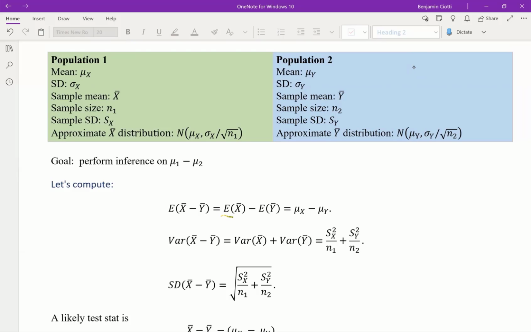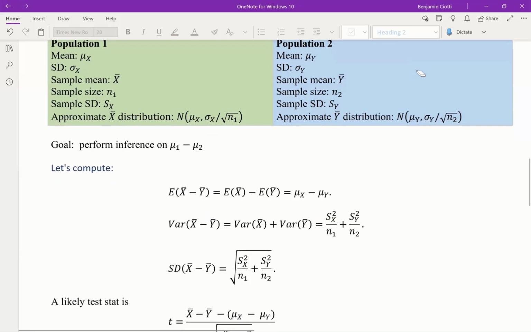Well, that'll be the difference of the two expectation values, but we've shown previously that the expected value of the sample mean is the population mean. So this is that, and this is that. In other words, the difference of the sample means is an unbiased estimator of the difference of the population means. Okay, good. Nothing surprising there.